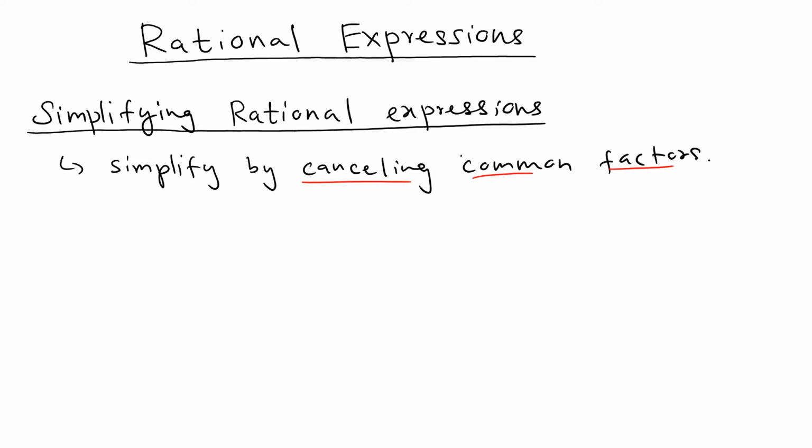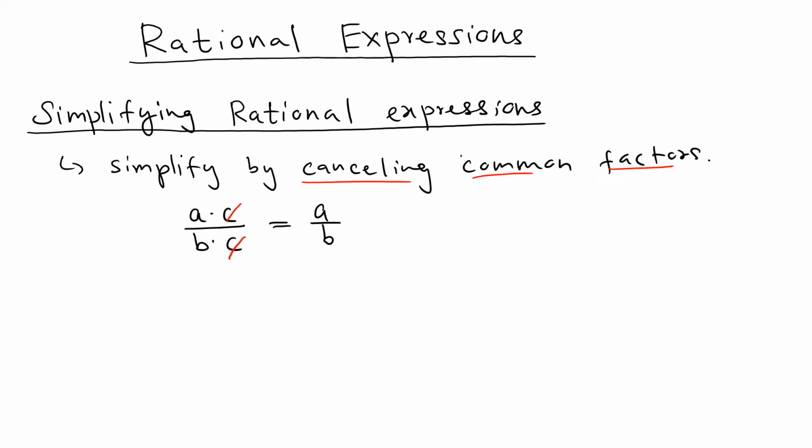So that's what we do. Let's look at an example. Actually we can write it like this. If we have a times c divided by b times c, c is the common factor, so we can cancel it. Once you cancel it, you're going to get the expression a over b. So that is the simple argument.